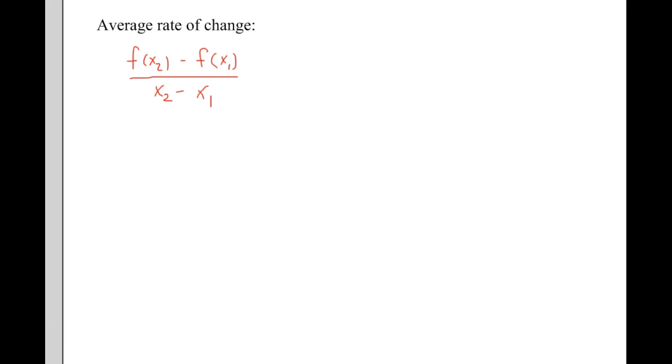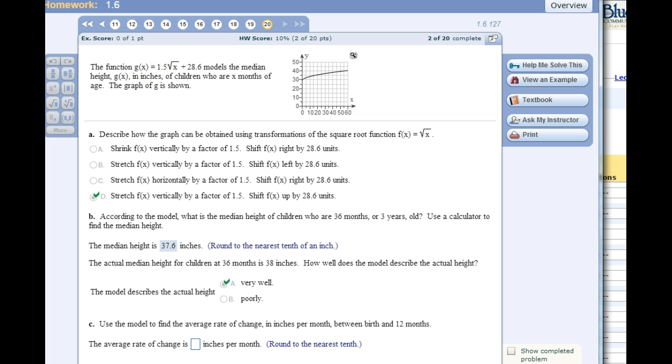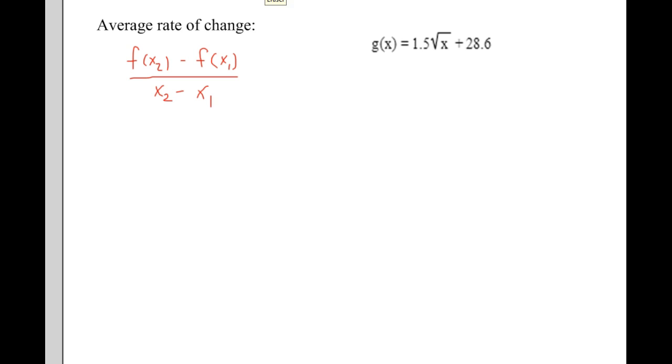So we're going to go back to the original and pull that in here. There's our model. We're using g of x here, but it's the same concept as using f of x. F of x, g of x, h of x, w of x, whatever, they all mean the same thing.